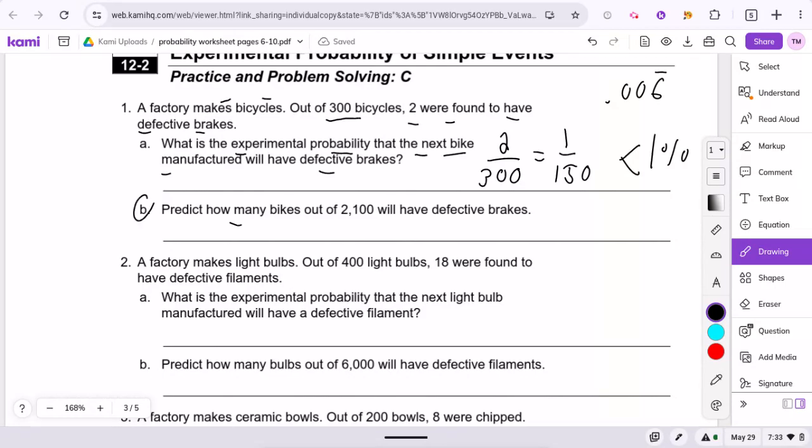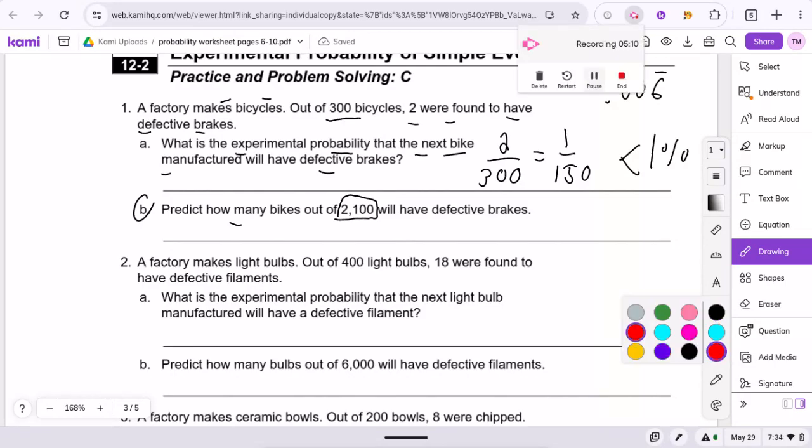Predict how many bikes out of 2,100 would have defective brakes. And for this one, you can set up a proportion. So the original number is 2 out of 300. This one's asking out of 2,100. So you can set up the proportion of 2 over 300 equaling x over 2,100.